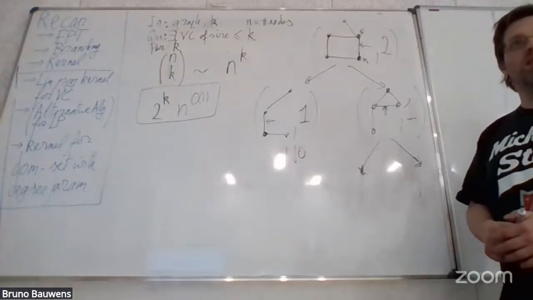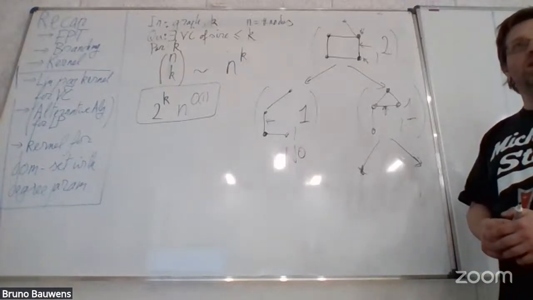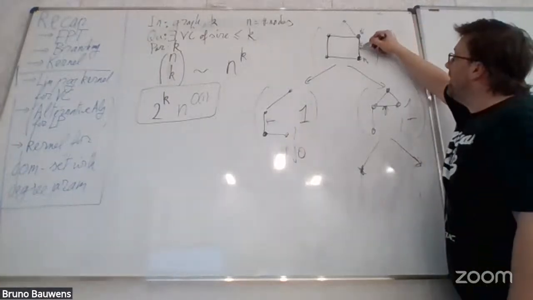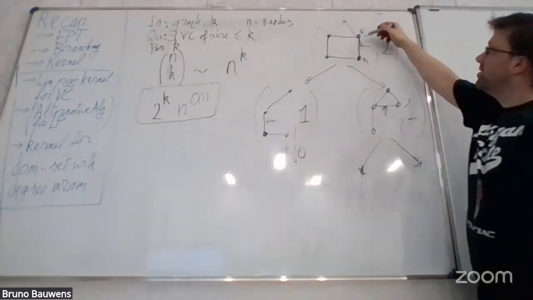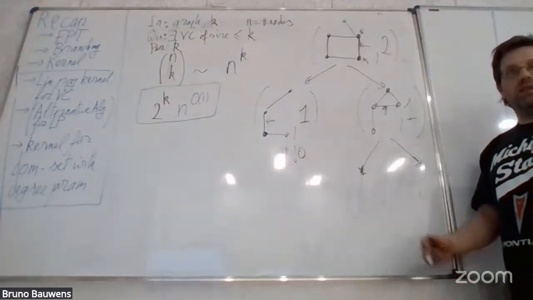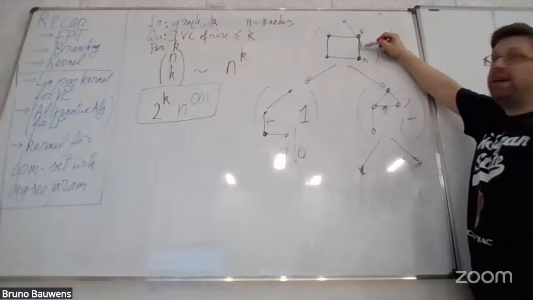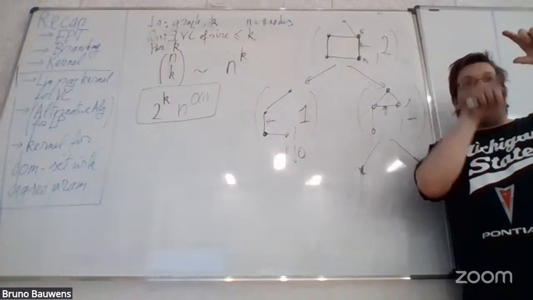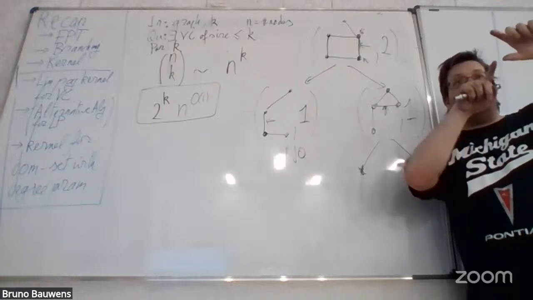Sorry, why do we only choose like 2 branches? So if we look at one edge, you can make a better algorithm. I will quickly explain. If we look at one edge, we know that if one node is not in the vertex cover, the other node must be.